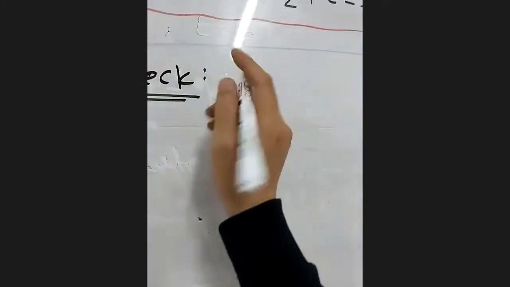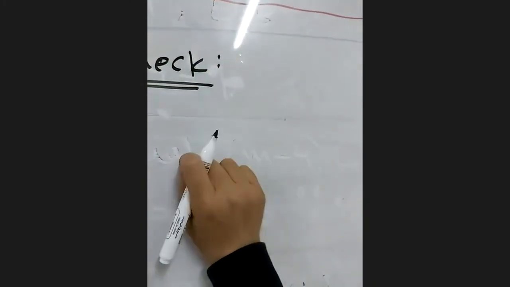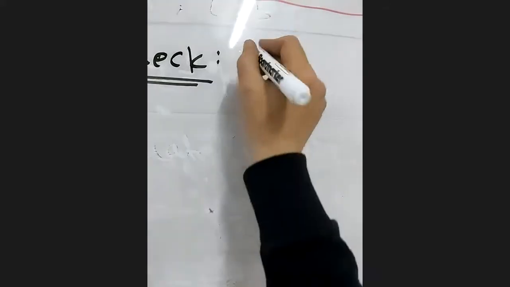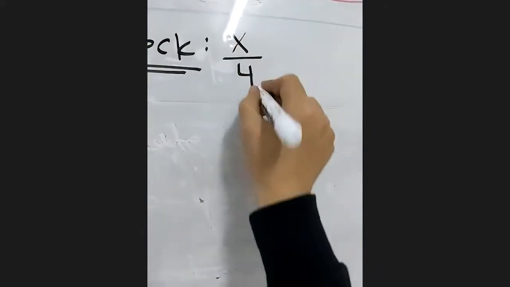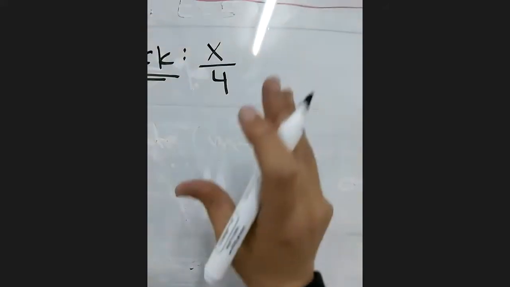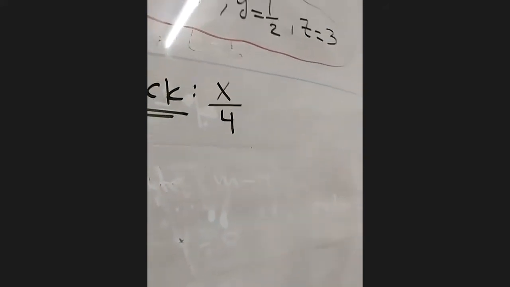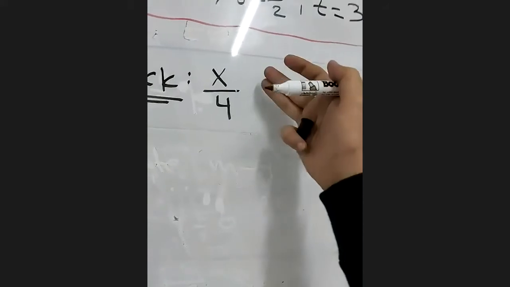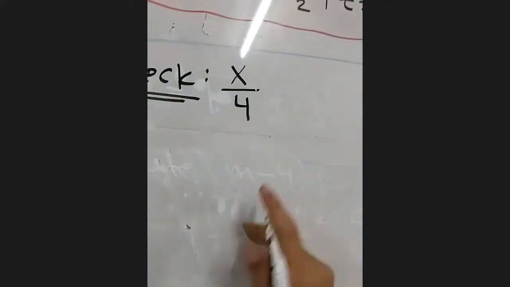We have the check. Do you understand everything, Omar? Yes, inshallah. Go to the check on page 289 and read it. Evaluate x over 4, then plus, say it.